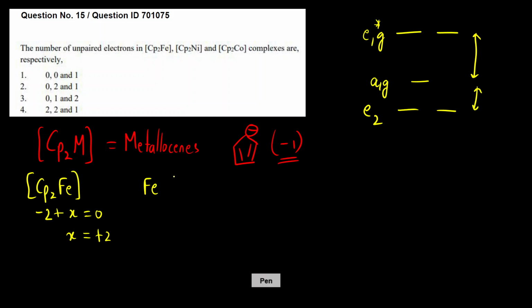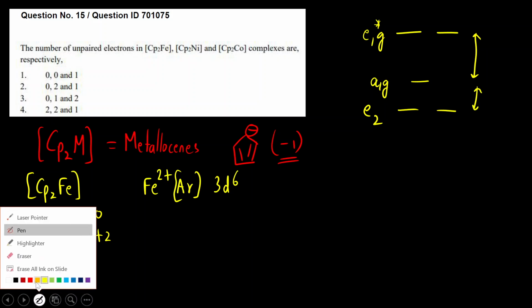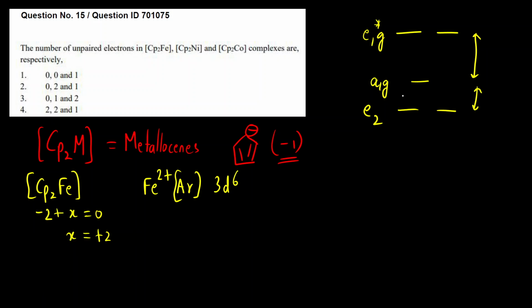Let us write down for Fe. It is Ar 3d6 4s2. Now Fe2 plus, so we will remove 2 electrons from 4s. So it is 3d6. So let us fill the electrons. This is very important. How to fill the electrons? 1, 2, and then we will fill this, because all are approximately the same energies.